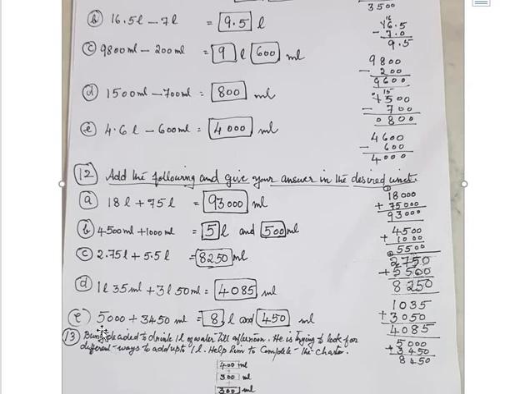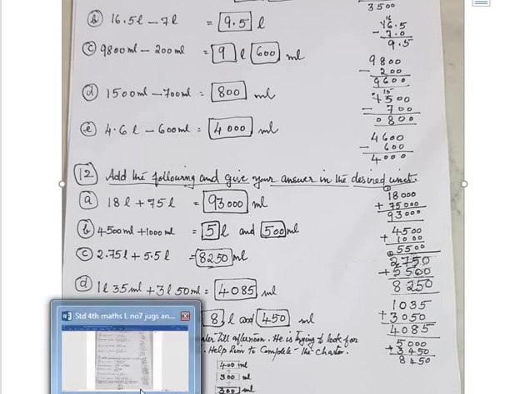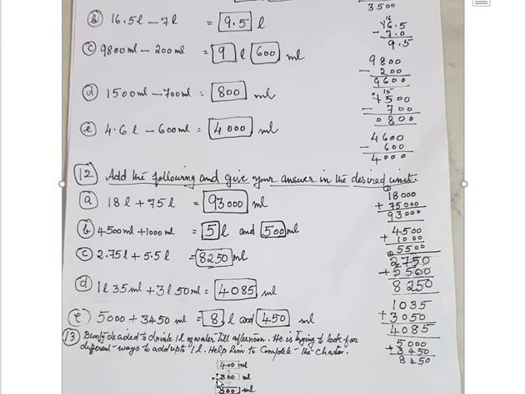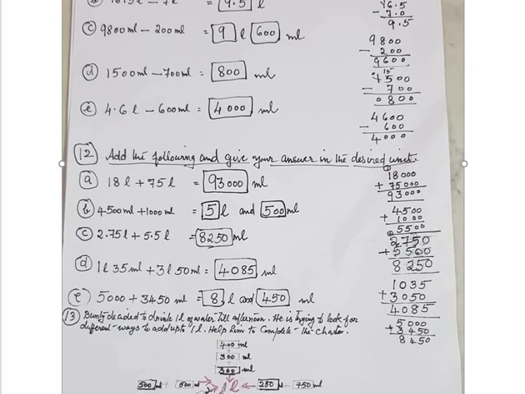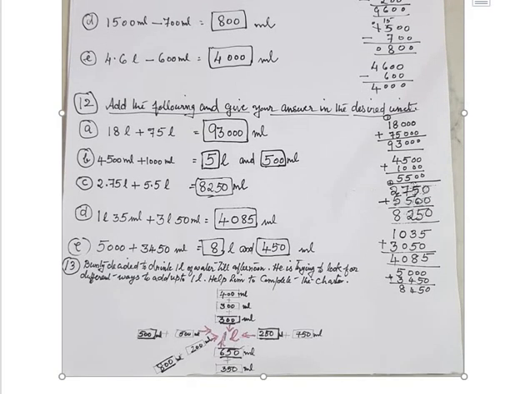Now the next question you see, Bundy decided to drink 1 liter of water till afternoon. He is trying to look for different ways to add up to 1 liter, help him to complete the chapter. So how he wanted to drink the water of 1 liter within afternoon.